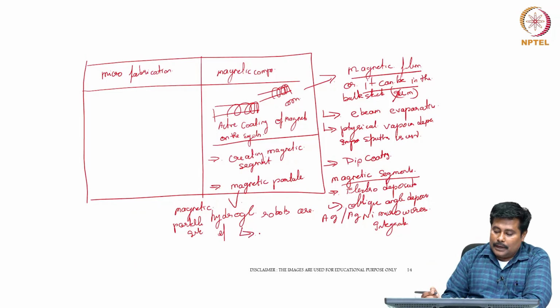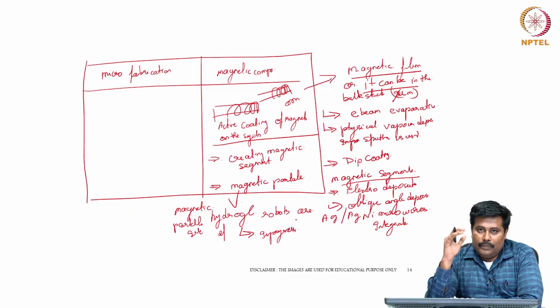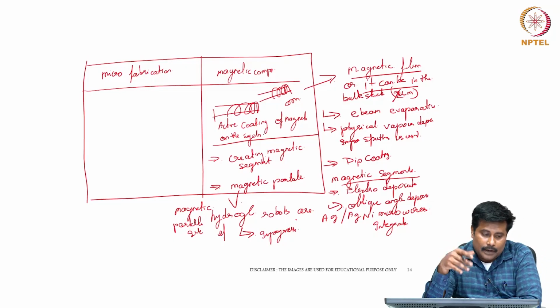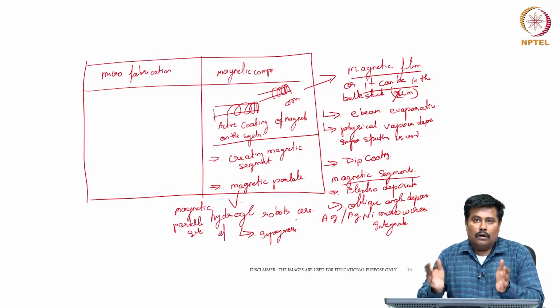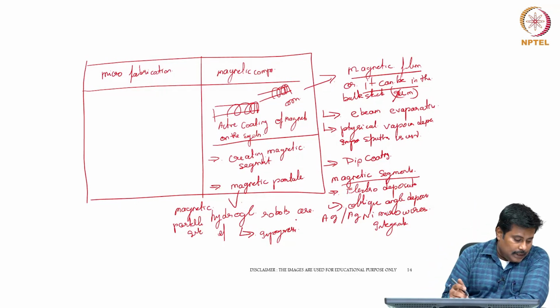It is called a kind of magnetic particle impregnating. So let us see some case studies where they deployed these magnetic particles for efficient characteristics.